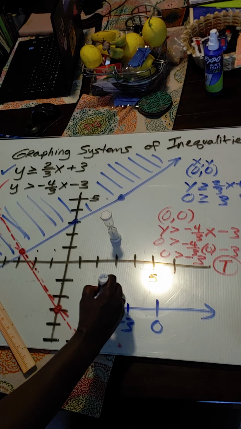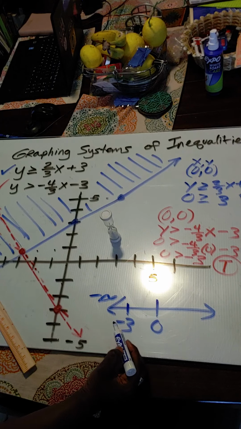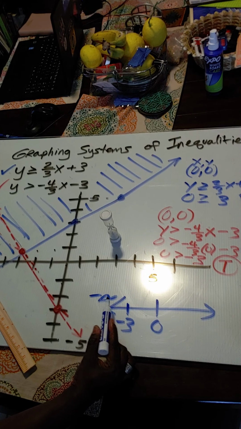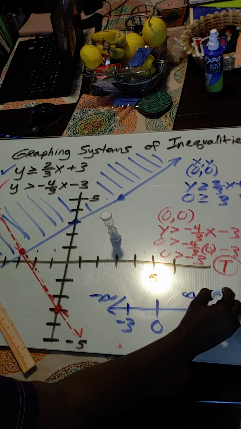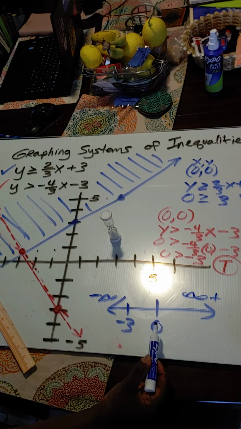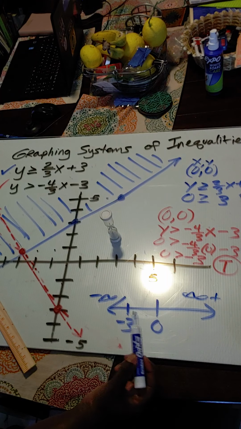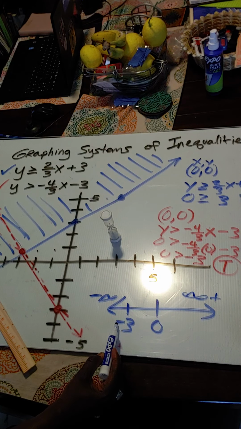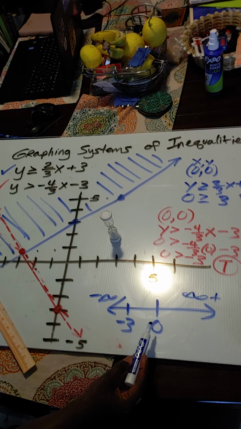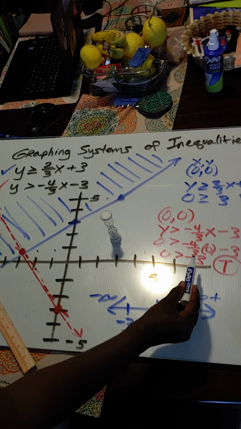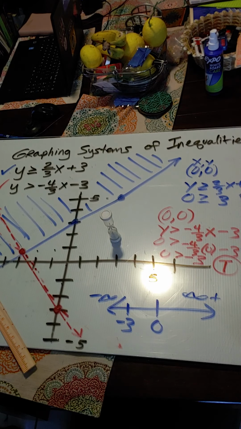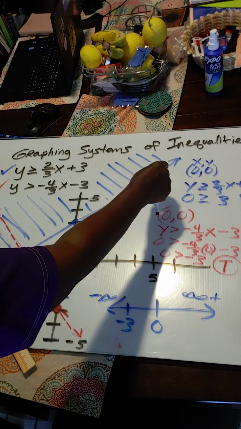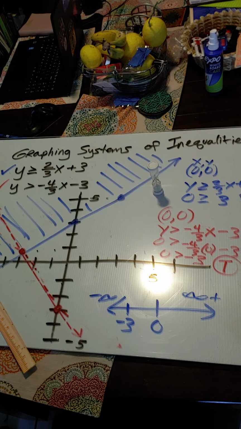So negative infinity going to the left of 0. Numbers increase infinitely to the right of 0, or just going to the right. So we can see that -3 is in fact smaller than 0. So this is a true statement. Cool? Excellent.